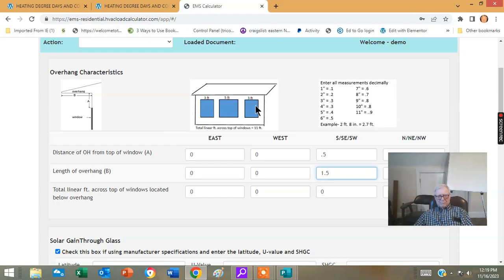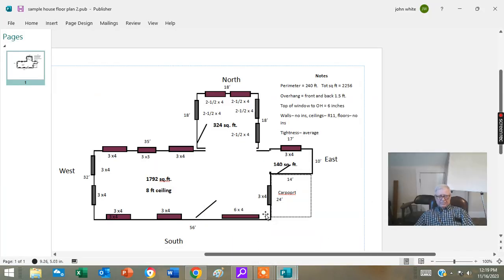You'll see this little sample picture up here. You've got 3 feet across the top of here, plus 5 feet, 8 feet, plus another 3 feet is 11 feet. We've got to go back to our picture again. Okay, I've got 3 feet plus 3 feet plus 3 feet.